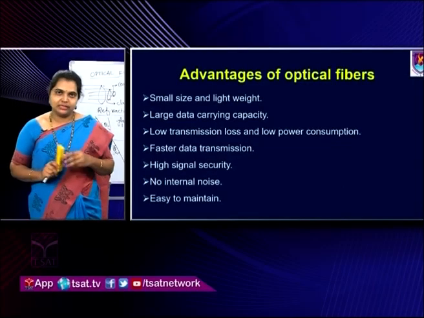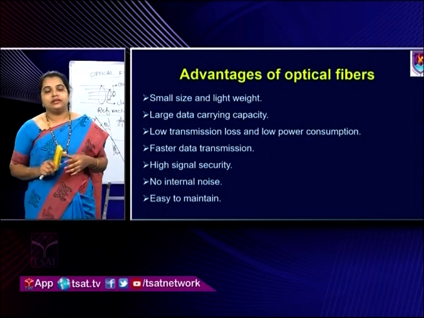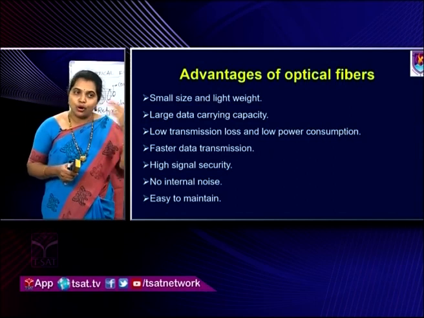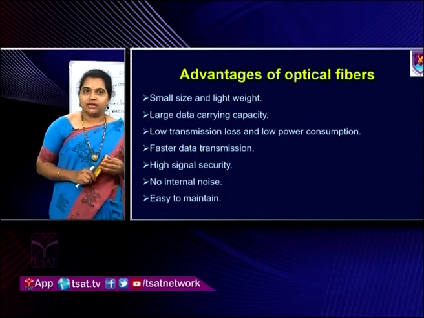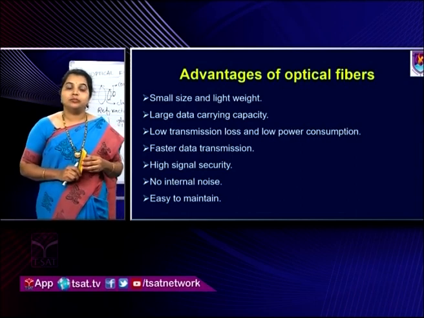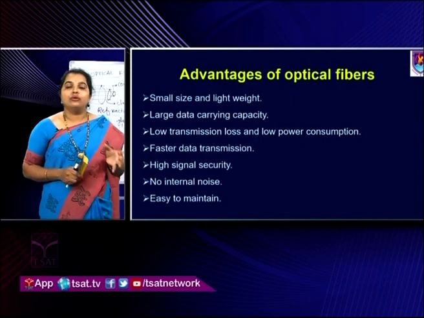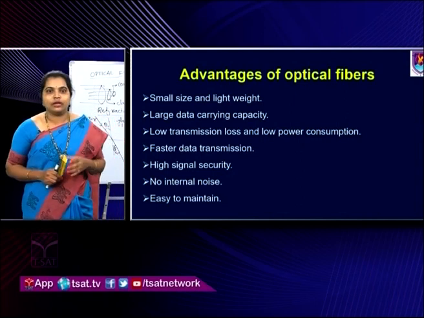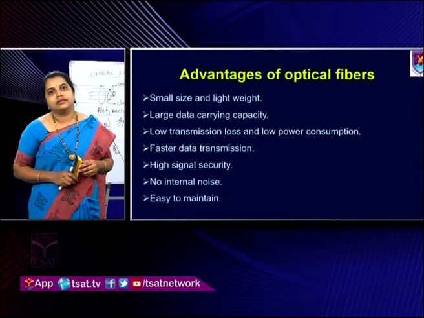They are small in size, lightweight, with large data carrying capacity for longer distances, low power consumption, low loss of data, and high signal security, meaning no tapping is possible, no noise while talking, and it is easy to maintain.